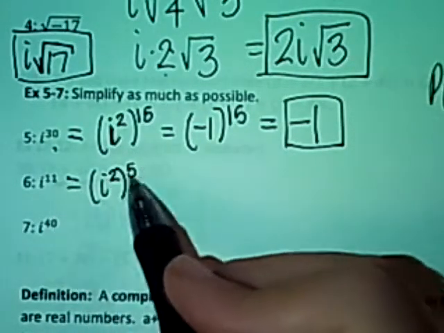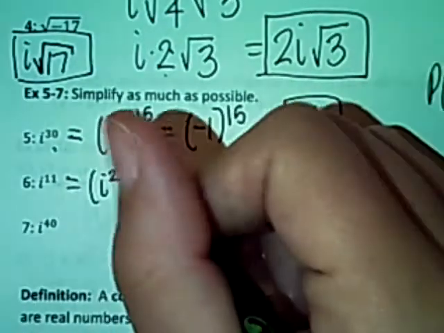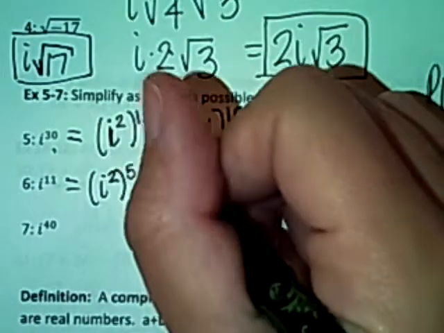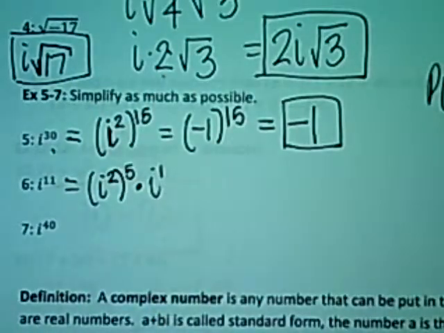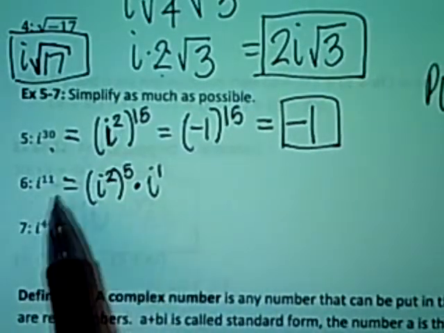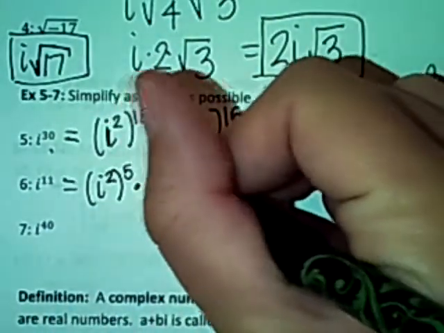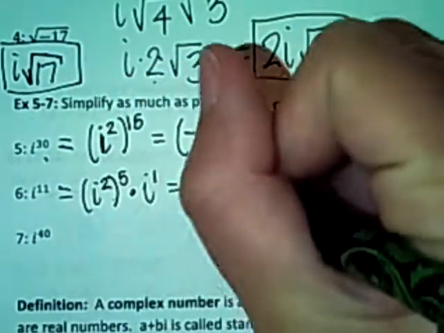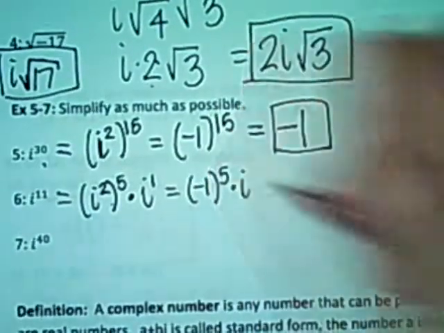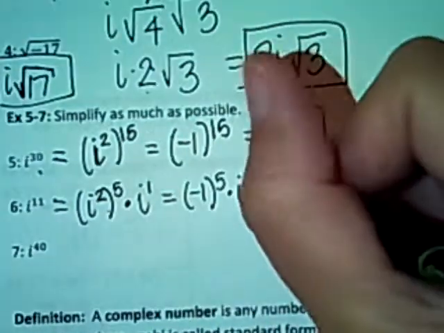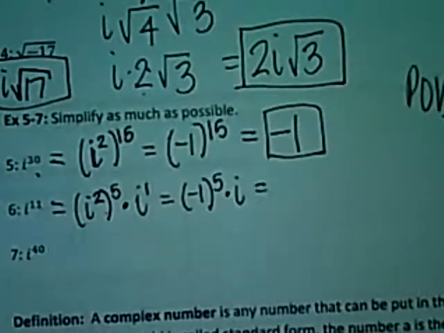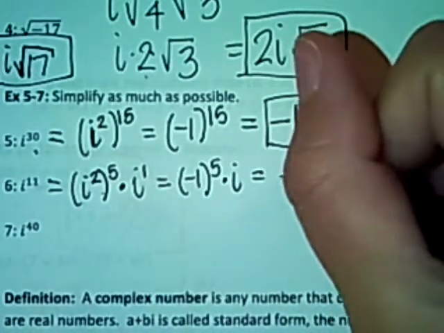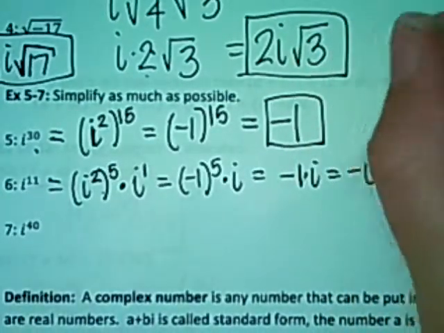I need to add 1 to the 10th power, so you'd be multiplying your i's so that you can add the exponents. These 2 things are equivalent. That means this is going to be -1 raised to the 5th power times i to the first, which is just i. -1 raised to an odd power has to be -1, and -1 times i is just going to be -i.